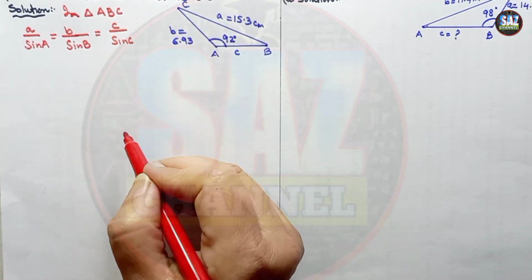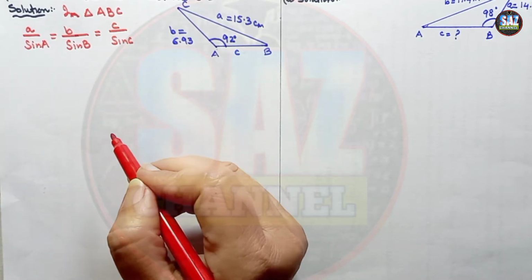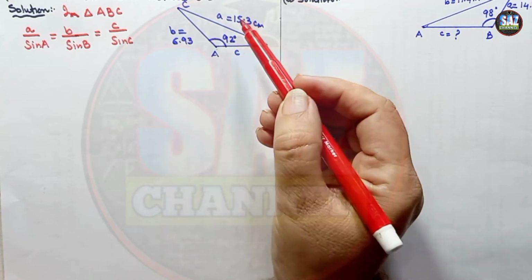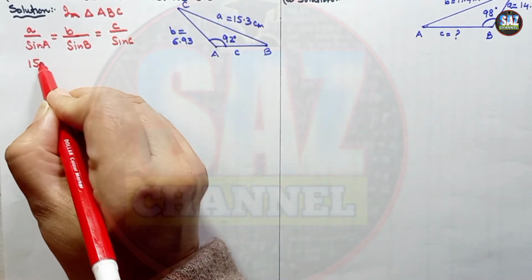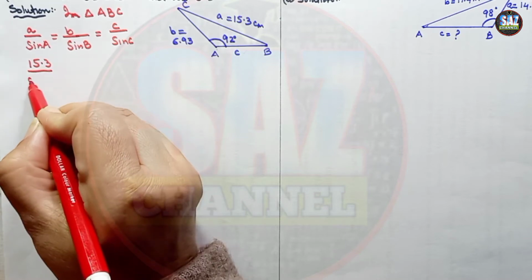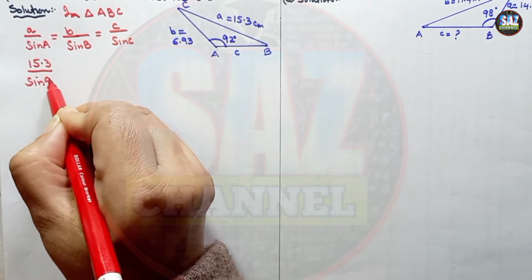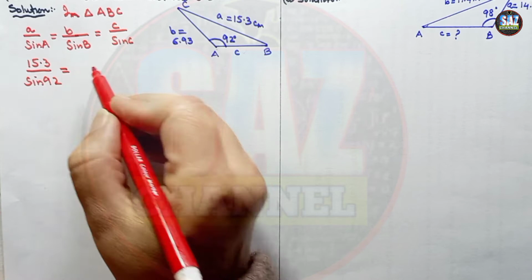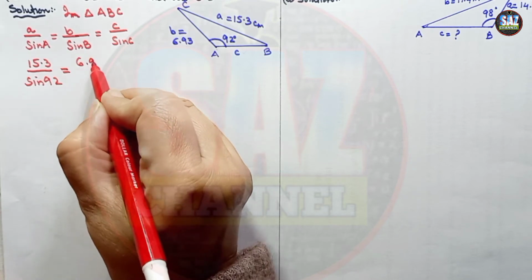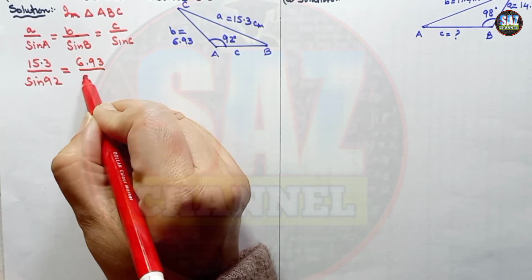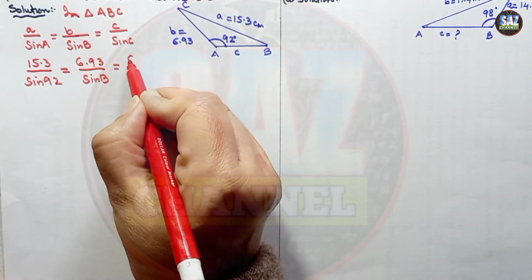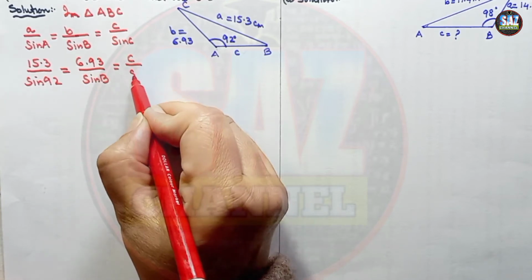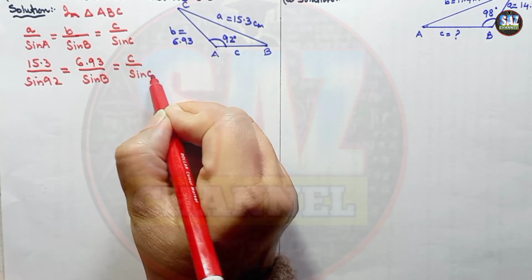After this, you have to carefully insert the values which are given: a is 15.3 upon sine 92 equals b, which is 6.93 upon sine B, which is unknown, and c upon sine C, which is completely unknown.